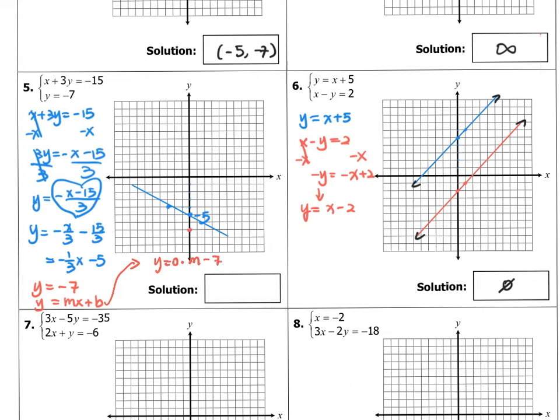So -7 is here. Then if I don't ever rise, 0 divided by anything is 0. So that means I have a line that's like this.